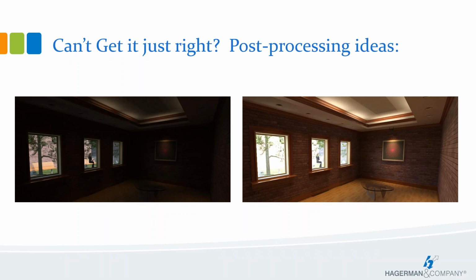All right, so here's an example of a rendering I did that, for whatever reason, I just couldn't get the lighting to render the way I wanted it to. If the interior was perfect, the exterior was washed out. If the exterior was good, the interior was too dark. So instead of tweaking the settings until I got it perfect and waiting for it to re-render, I took the two images I already had and easily photoshopped them together in a few minutes or seconds probably.